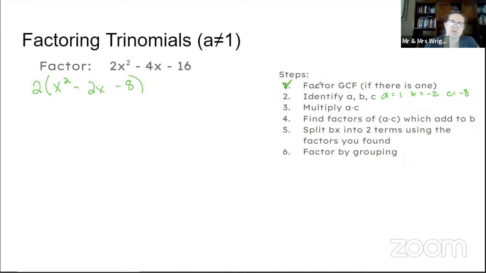So if you don't want to remember the previous way of doing it, you can still just go through all these check marks and see it's going to work the same whether A is 1 or not. So -8 times 1 is going to be -8. So we want to find what multiplies to be -8 and adds to be -2.